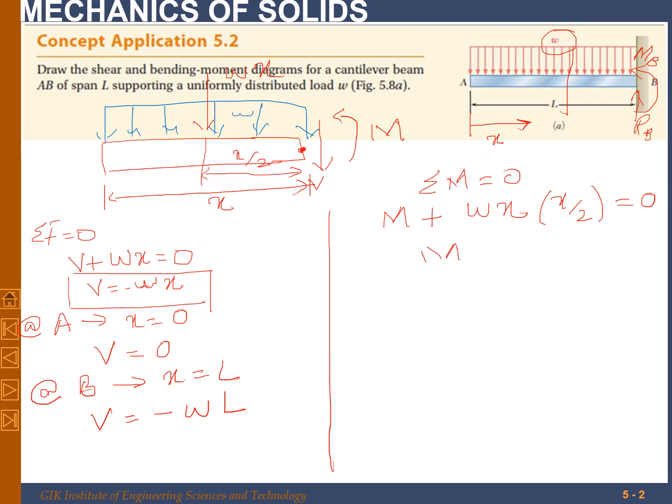So the moment is equal to minus Wx square by 2.